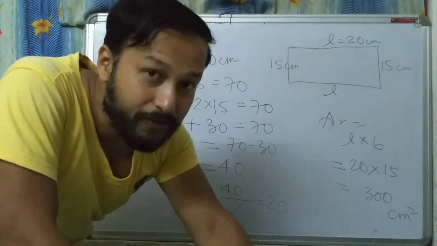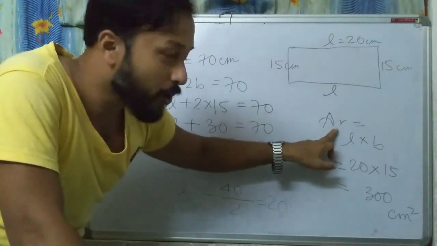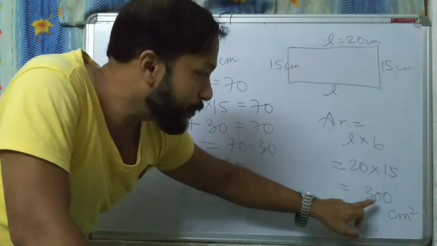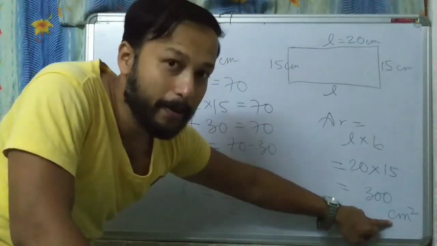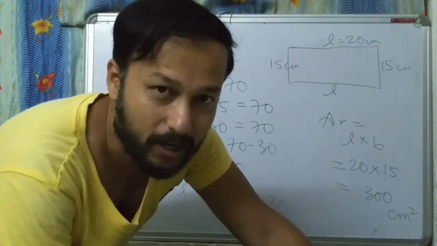Yes, you have to remember this, the system of unit. This is the length, this is the breadth. So when you are finding area, it should be in centimeter square, because the length is in centimeter and breadth is also in centimeter. Understood?